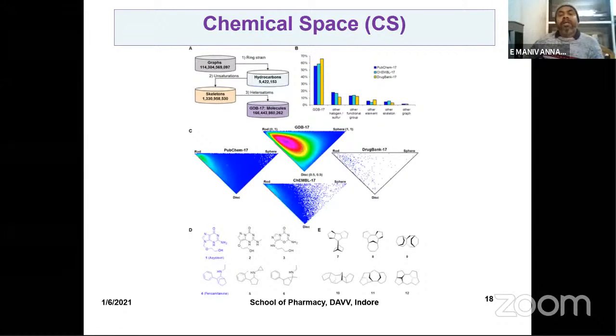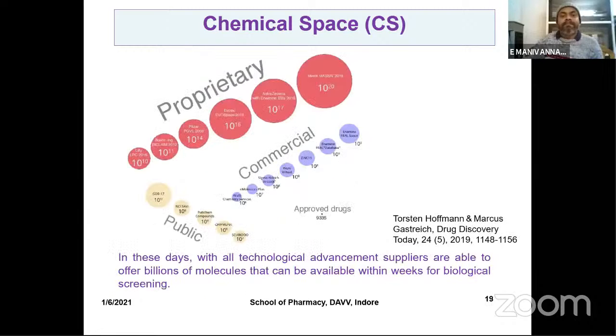So we have chemical space with very huge databases like PubChem database, ChEMBL database, and DrugBank, which includes only the drug molecules or drug-like candidates. This kind of chemical space you can explore for identification of novel bioactive molecules.